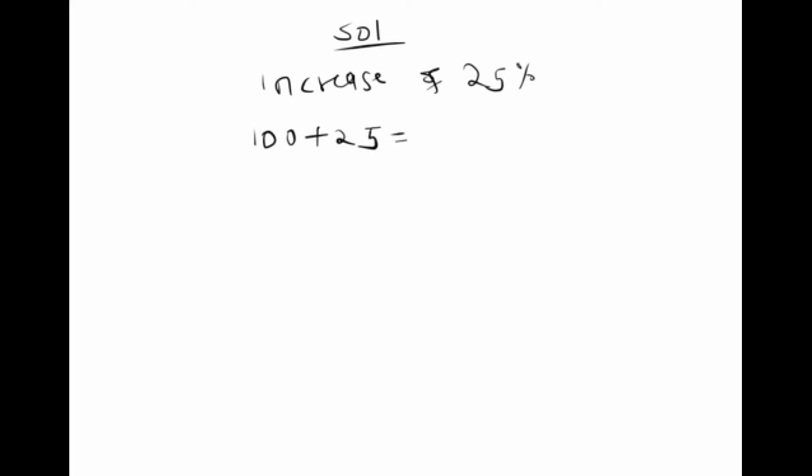Solution. We are told that there is an increase of 25%. Therefore, the new percent will be 100 plus 25, which will give us 125%. This is the new percentage.